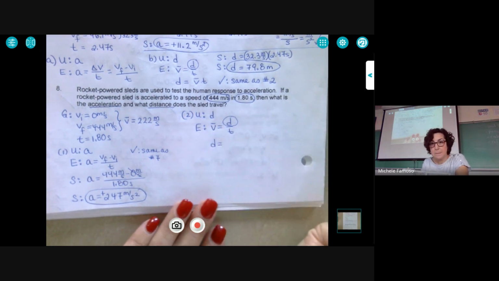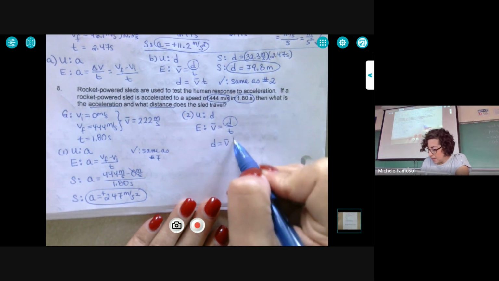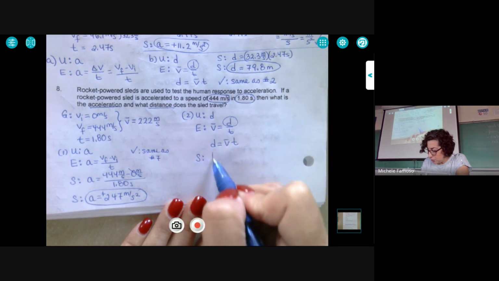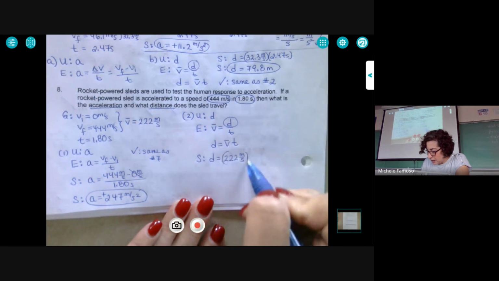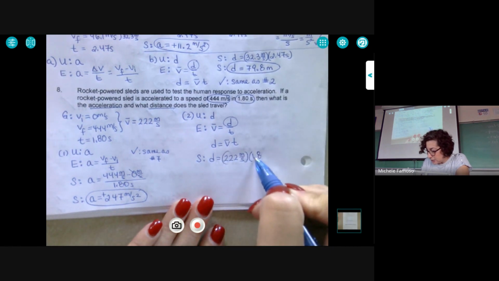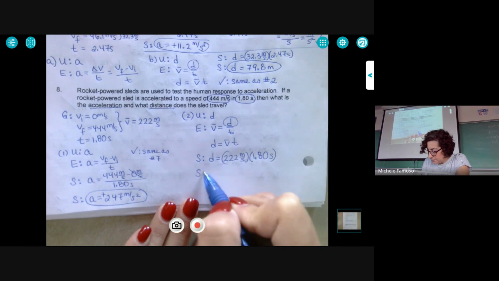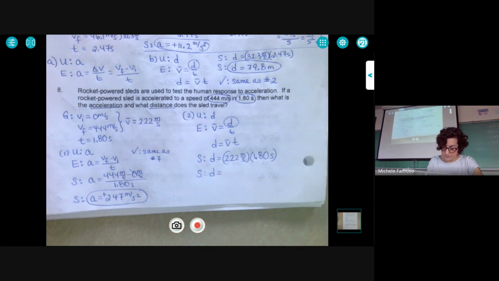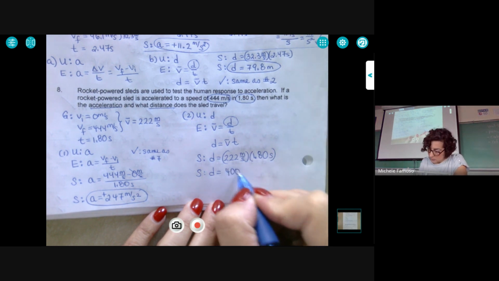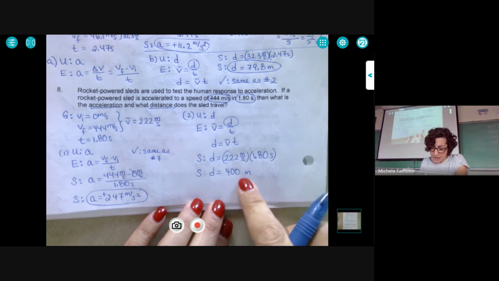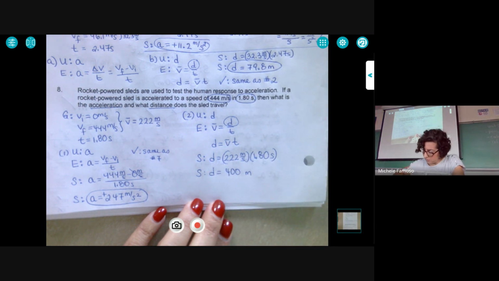Okay, Alex, move that equation around for D for me, please. What do you get? D equals V bar times t. That is correct. Okay, let's do our substitution with units. So that would be 222 meters per second times 1.80 seconds. And Nick, can you tell me what this answer is with proper sig figs? How many sig figs does this have because of the Atlantic rule right now?